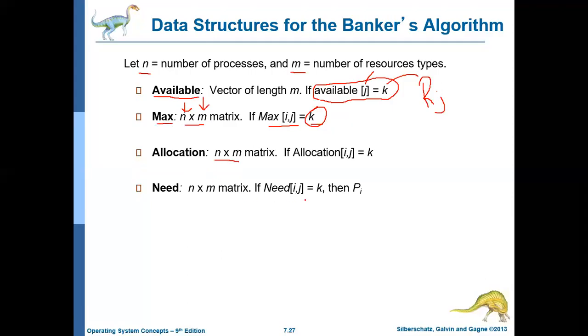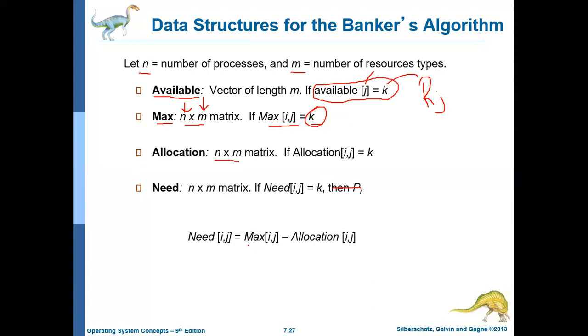If need of I comma j equal to k, then it means that the process pi needs k instances of resource j. Okay. And one more thing, need of I comma j will always be equal to max of I comma j minus allocation of I comma j.